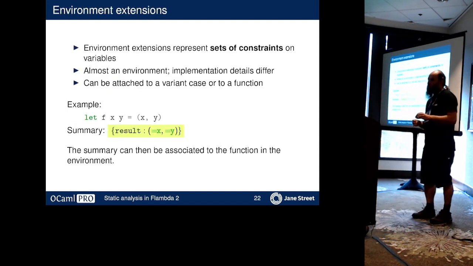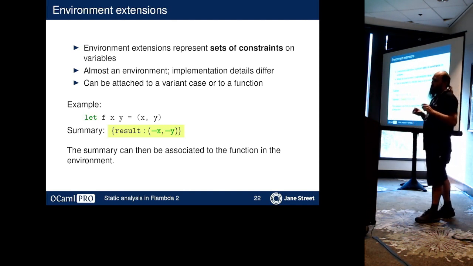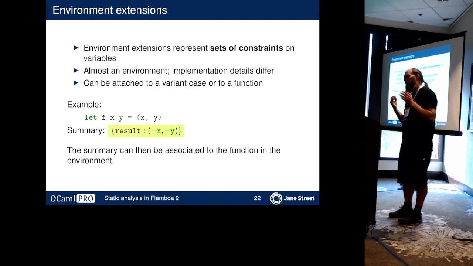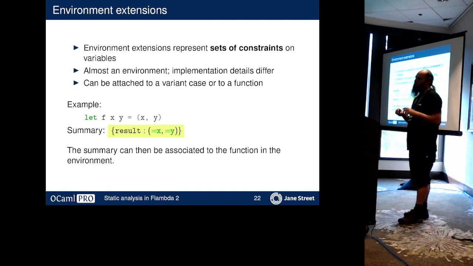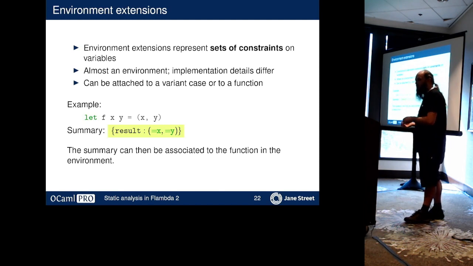So, environment extensions. We have something a bit complex that we can store inside blocks or alongside functions, which are basically small sets of environments that we attach to a domain of a value. That is quite useful to describe complex structures.